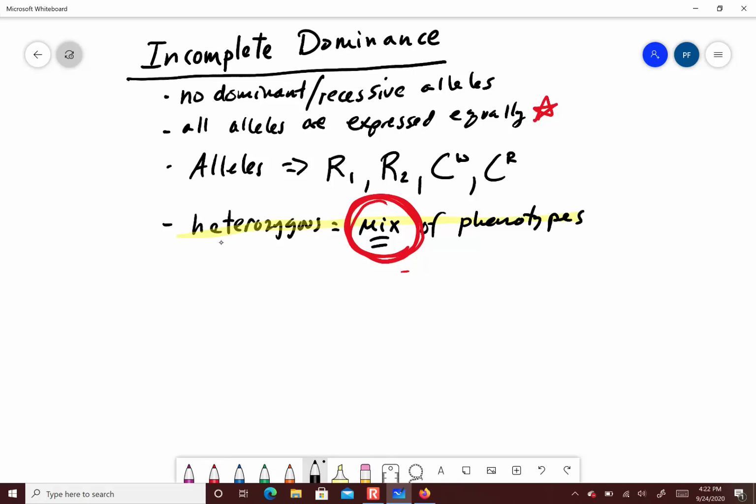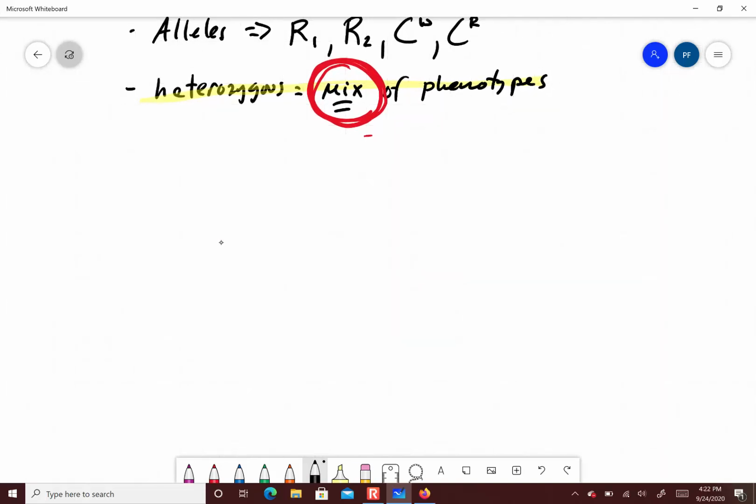Alright, so let's look at a cross here. Oh, I got to tell you all the background stuff first. Sorry. So the character we're using, we're just going to use flower color again, but in a different plant. Flower color in a plant called snapdragons.